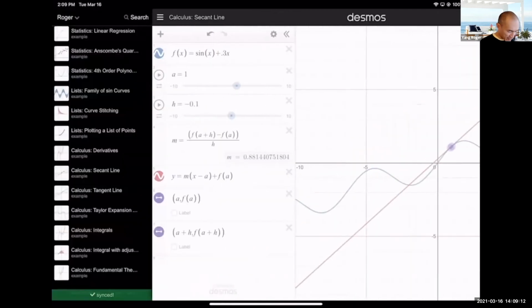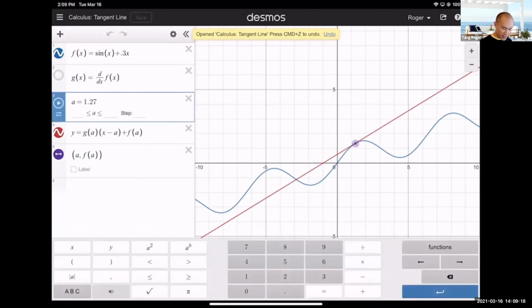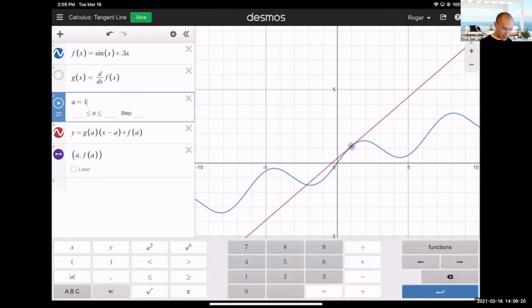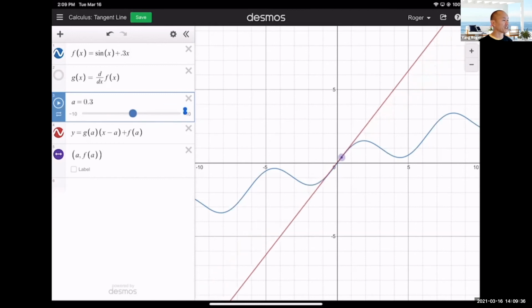If I switch to the tangent line example, here's the same situation, or a similar situation. In this case, I can't move the second point. They're just giving me the tangent line. But I want you to notice that when I changed A, the tangent line changes.